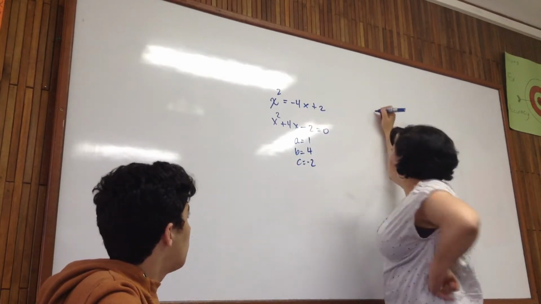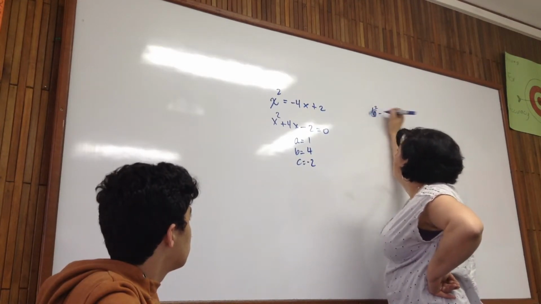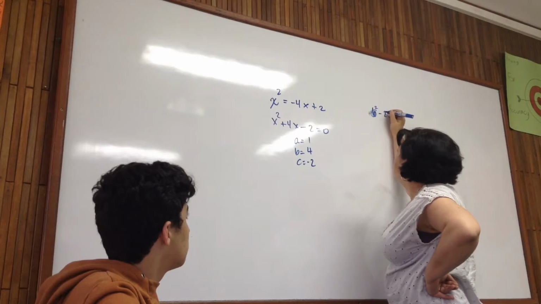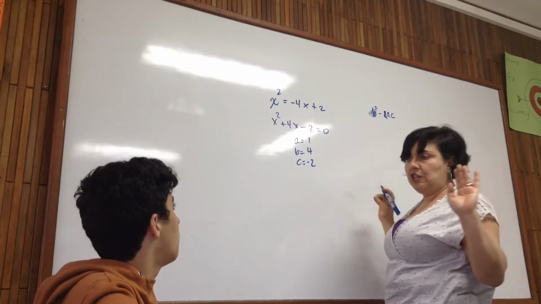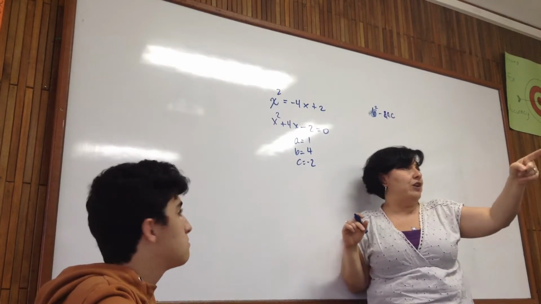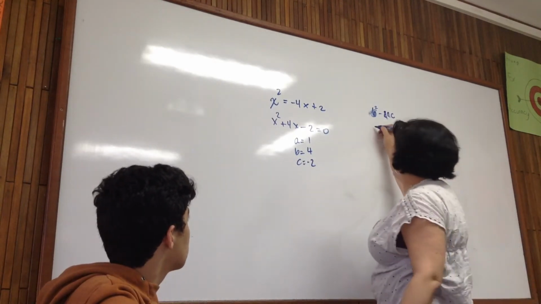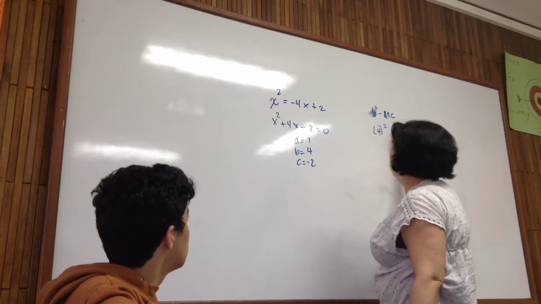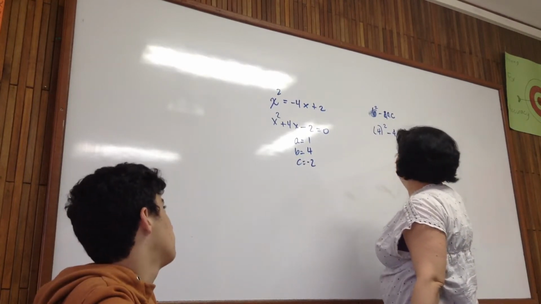So all you do is this: B squared minus 4AC. No square root, just because you're seeing if it's greater than, less than, or equal to 0. So 4 squared minus 4 times 1 times minus 2.